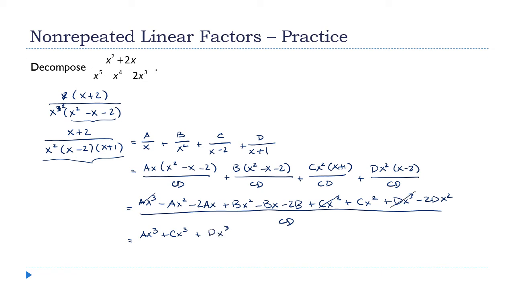Let's get that in there. Now we'll do the squares. Plus cx squared. I really want to put a positive one in front. Plus bx squared minus 2dx squared minus ax squared. Oh boy. Okay, that's the x squareds.